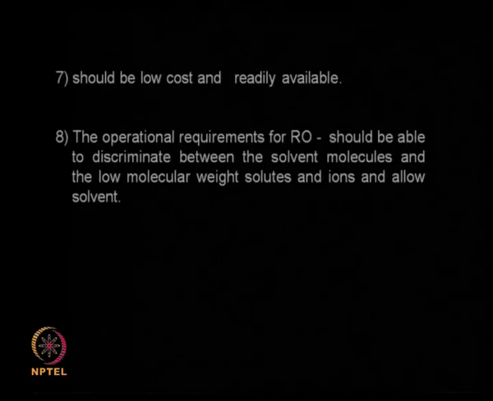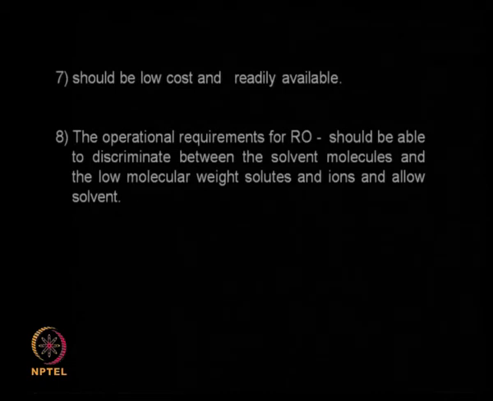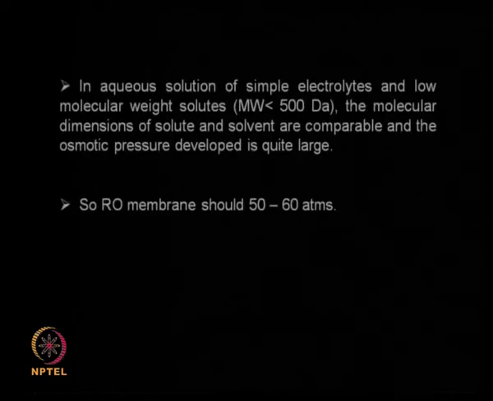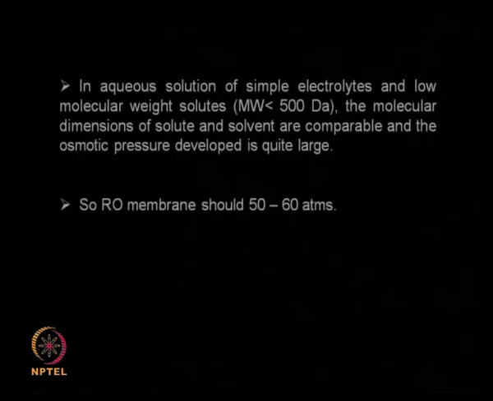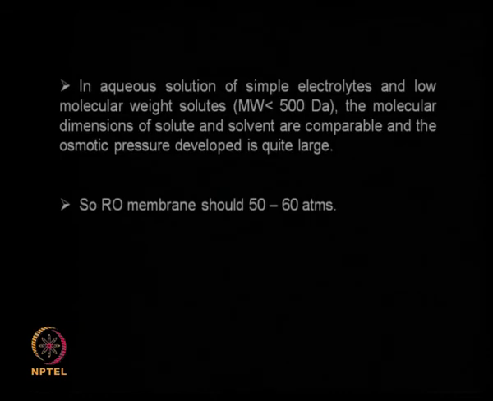So it should have that differentiating capacity because we are working at molecular sizes of solvent as well as smaller ionic sizes. If you take an aqueous solution of simple electrolytes and low molecular weight material, less than 500 Dalton, the molecular dimensions of the solute and the solvent will be comparable, okay. So you need to keep that point in mind.